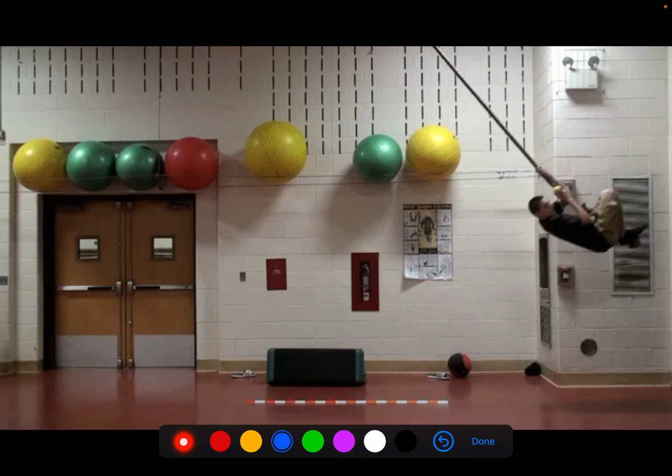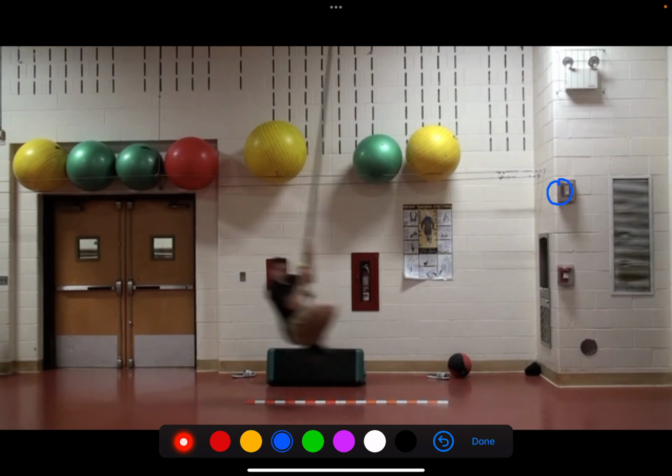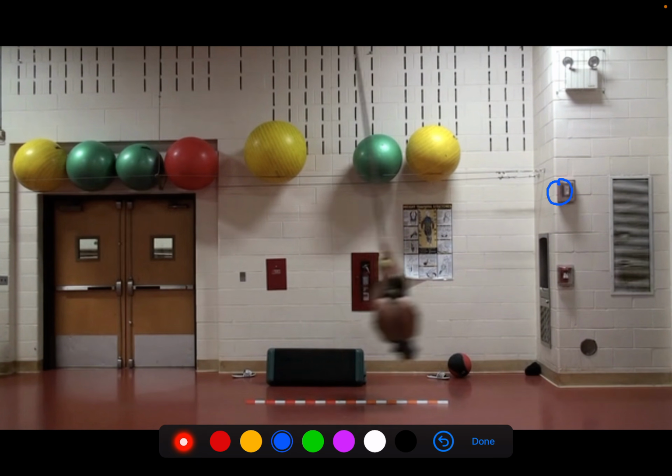So here we have a person as a pendulum, and we'll watch the ball that they're carrying to make it easy to track, and we'll just kind of try and determine their period. So we start by timing their oscillations.